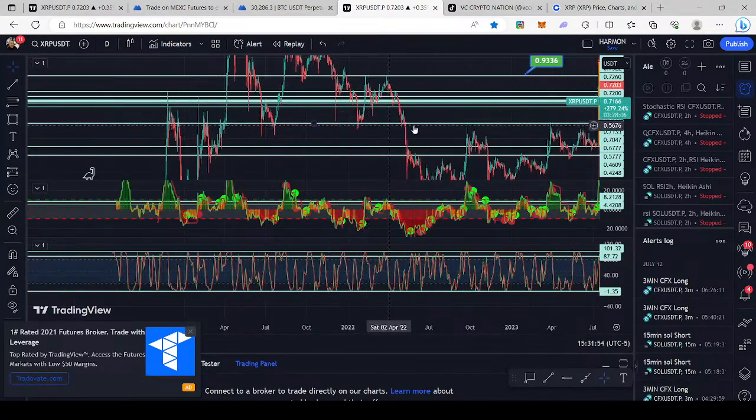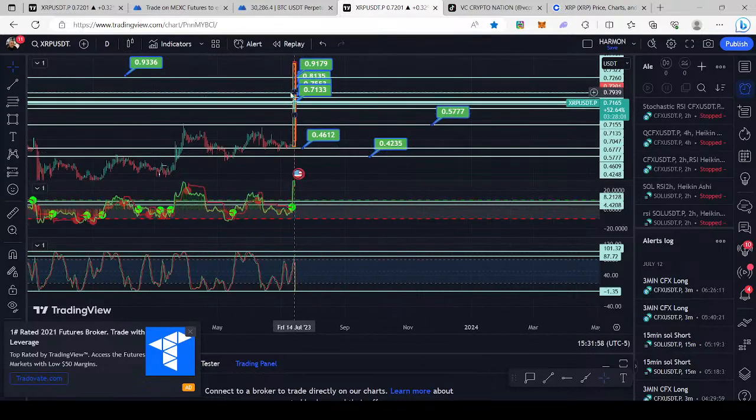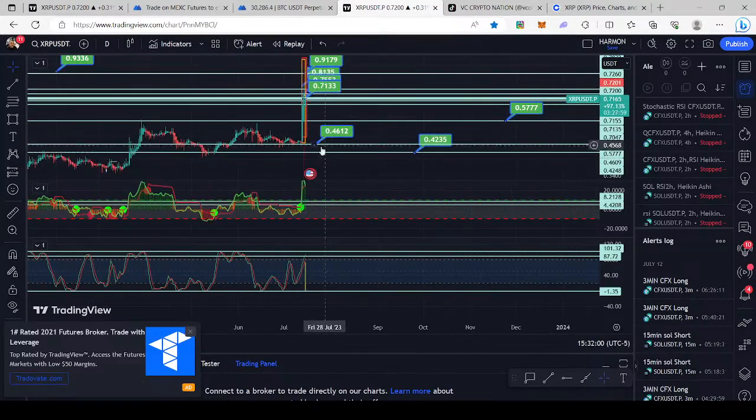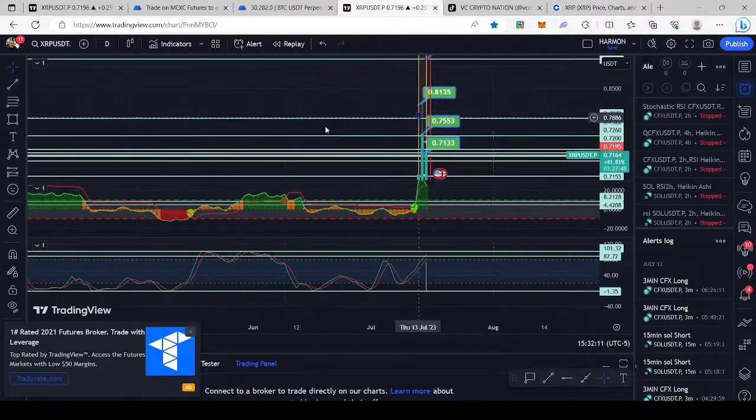These are the support zones that we put together yesterday. And then after the pump, we basically broke it down. So there's a support line of 46 cents, a support line of 42, and a support line of 57 cents, right? And then these are the upper support zones that we were looking at here.